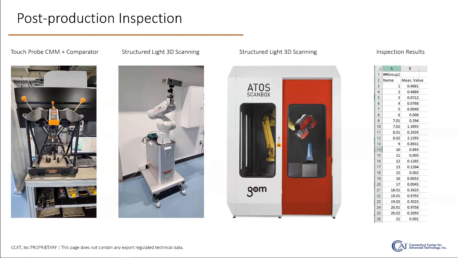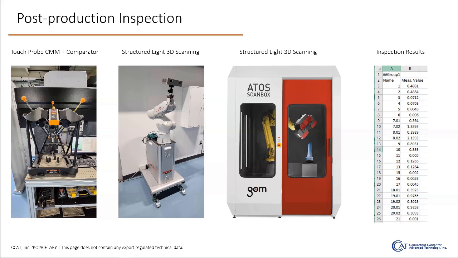So how does this relate to post-inspection? We used a couple of different machines to do post-inspection on the parts. The reason was that we wanted to see how the accuracy of the post-inspection equipment affects the prediction accuracy of the model. Do we always have to use an extremely high accuracy machine to get high prediction accuracy?